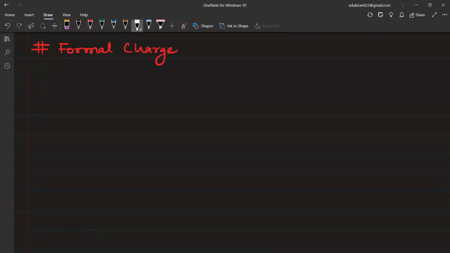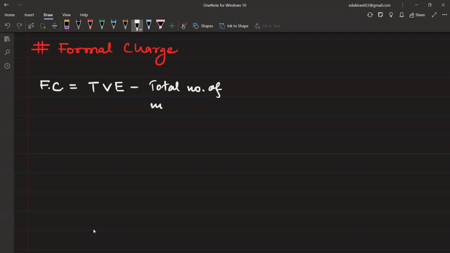Okay. So for different Lewis dot structures, you have to get the formal charges. The formula for formal charge is equal to the total valence electron minus the total number of non-bonding electrons. Please see what we are writing here.